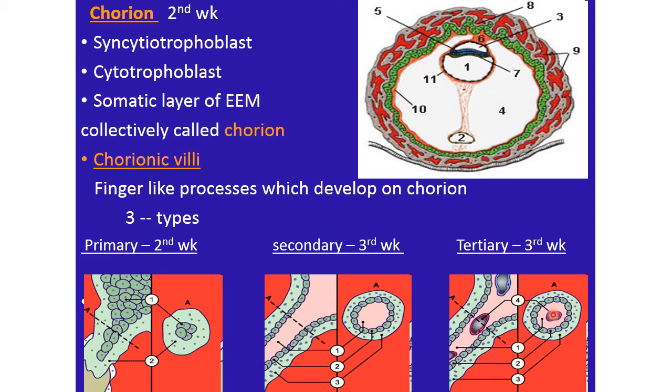These are the fetal capillaries, and then outer to that is the extraembryonic mesoderm, still outer to that is the cytotrophoblast, and still outer to that is the syncytiotrophoblast layer.